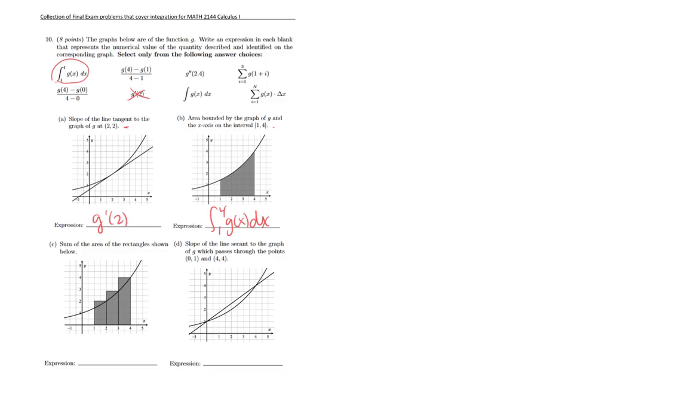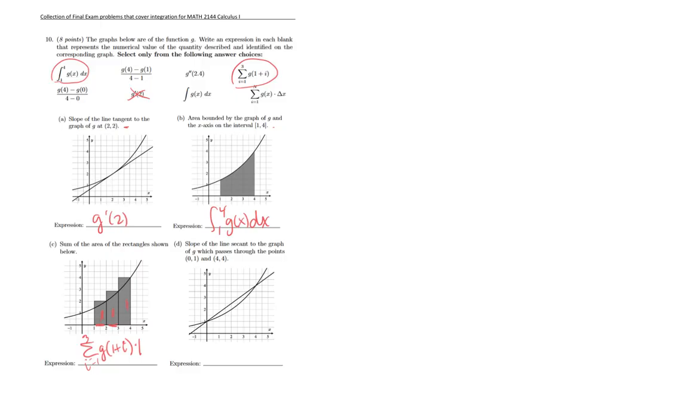Okay, this is representing a right-hand Riemann sum with 3 intervals, so 3 rectangles, so that will be this one. Sum i equals 1 to 3, g of 1 plus i, and then the width of this is 1, so times 1, if you want to see that, times the delta x.